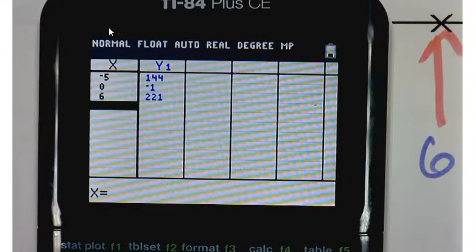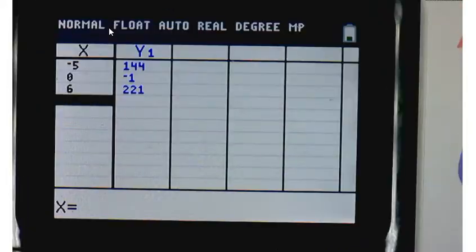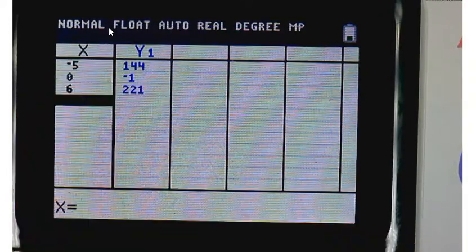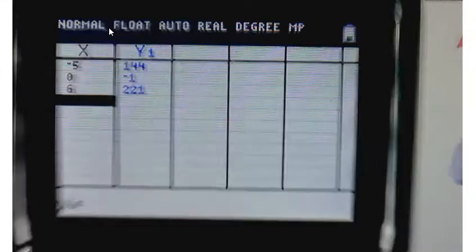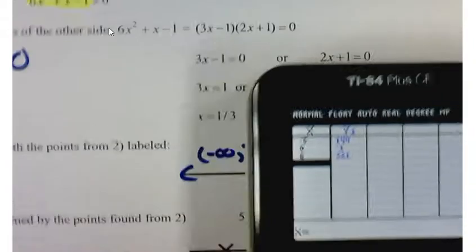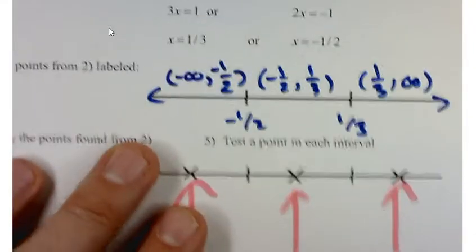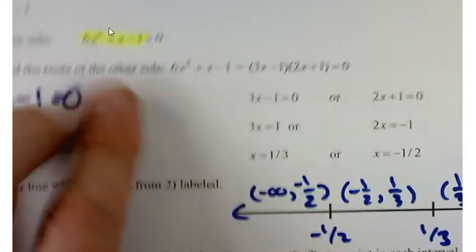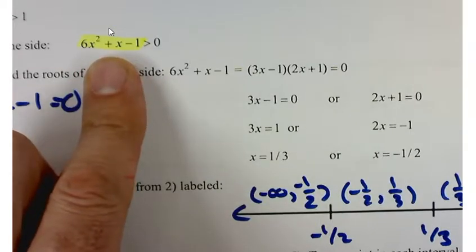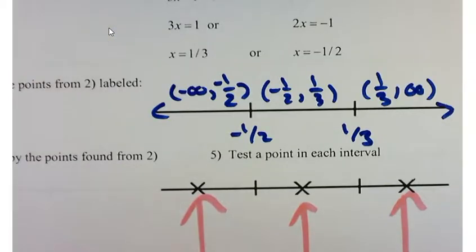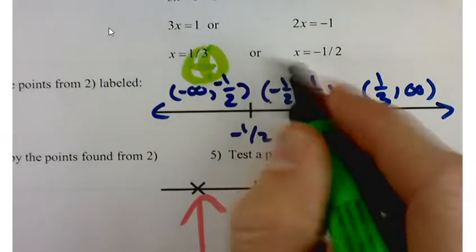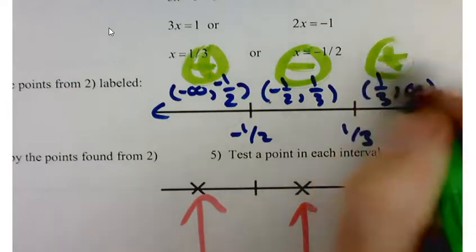Now the stuff that I needed out of this wasn't the fact that when I plug in a 6, I get 221, or when I plug in a negative 5, I get 144. What I needed to know was when I put in a value from this interval into this expression, was it positive or negative? And the results from our little test here were plus, minus, plus.